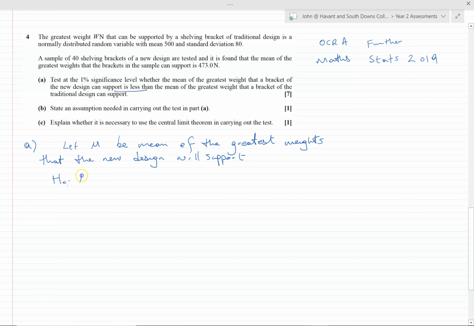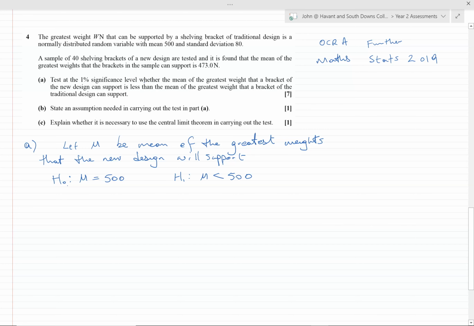So we have mu: the null hypothesis is that mu is the same as it was for the original traditional design, and the alternative hypothesis is that the new design will support less than 500, less than the traditional design.